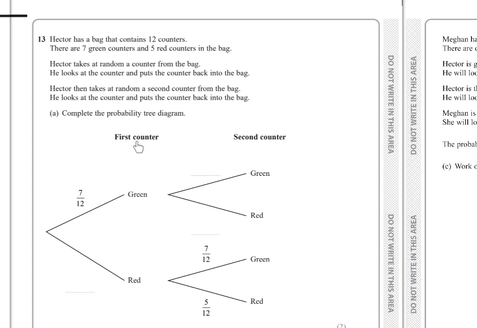For the first counter, the probability for green is 7 over 12, so the probability of red is 5 over 12. Same for the second, because he put the counter back, so same. So probability of green 7 over 12, and for red 5 over 12.